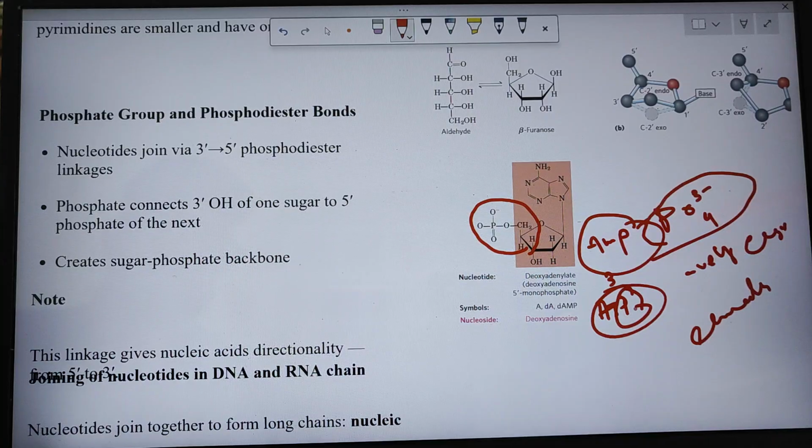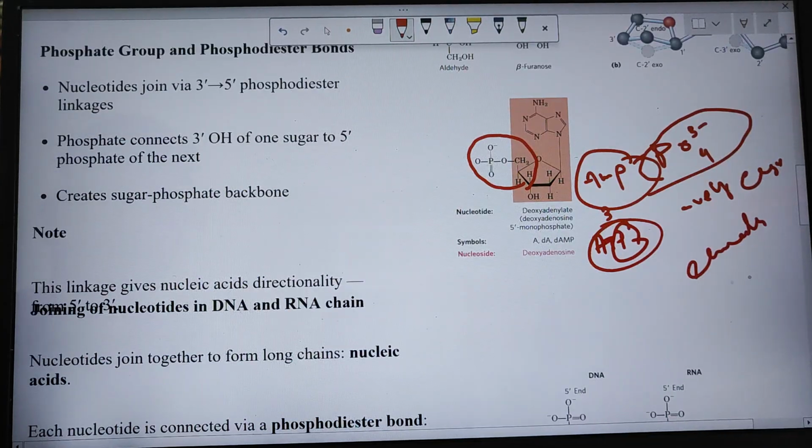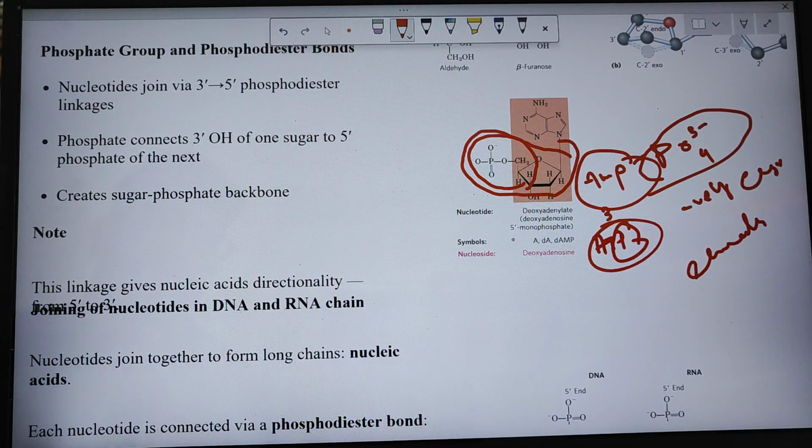So remember, the phosphate group is attached at the carbon number 5 of the sugar, and it can be mono, di or triphosphate. And this phosphate group and the sugar molecule together form the sugar phosphate backbone of the nucleotides. So the backbone of the nucleotides is made up of sugar plus phosphate.